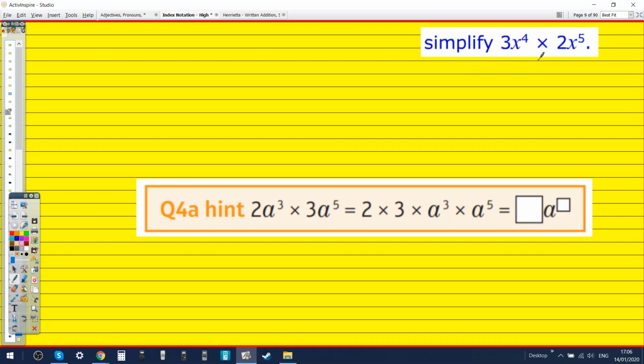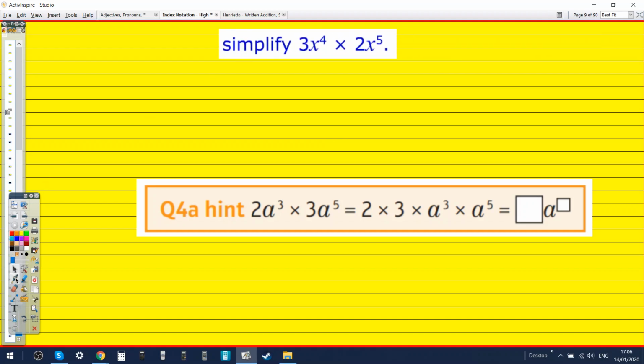Okay, let's try this one up here. Okay, simplify. 2 times 9. The top one. Okay. 3 times by 12. How did you get 12?